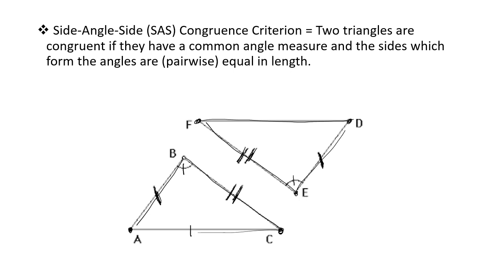Once we know this, then we know these angles match up and so on. I'll erase that because it might get confusing. So if you have 2 triangles where we know the angle measure in the 2 triangles and then the sides that are formed on that angle, then those triangles are going to be congruent.